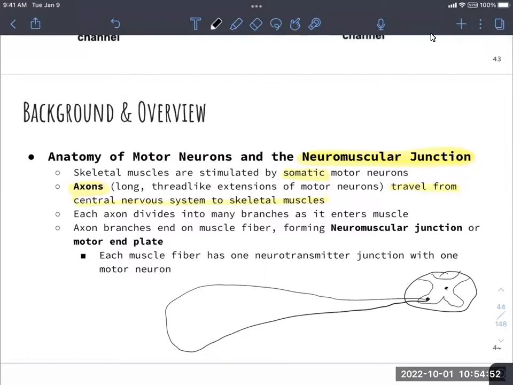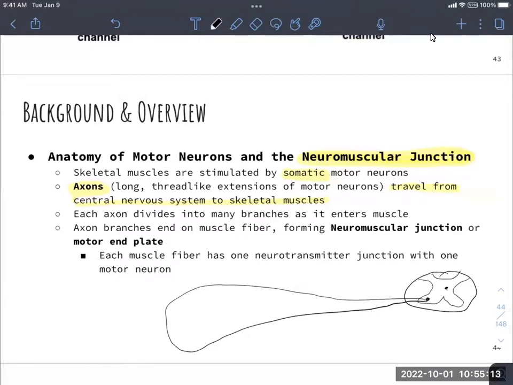And when we get to the nervous system, we'll look at exactly how these neurons work to get information from the brain out. But now we're just looking at how these nerves come from the spinal cord out to a muscle.